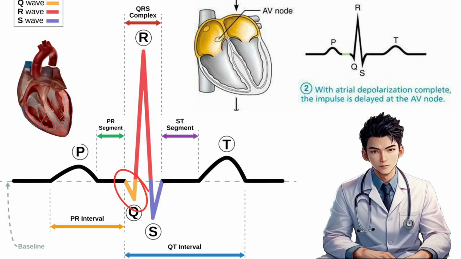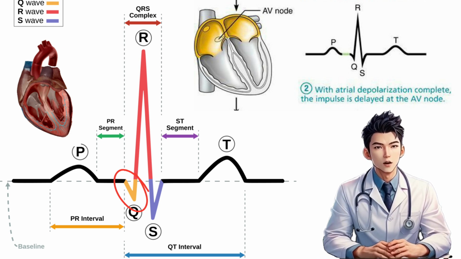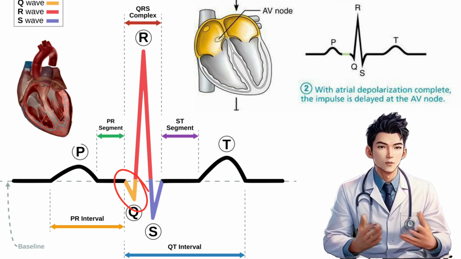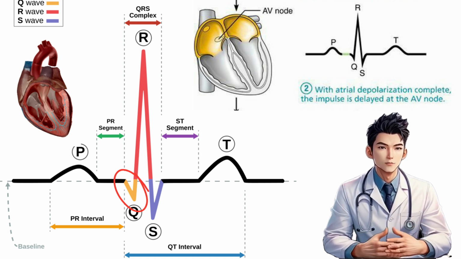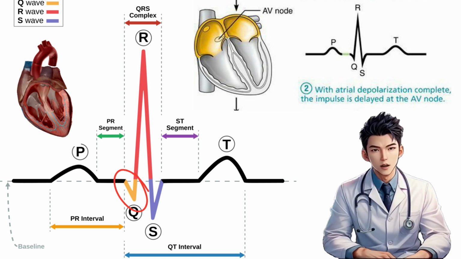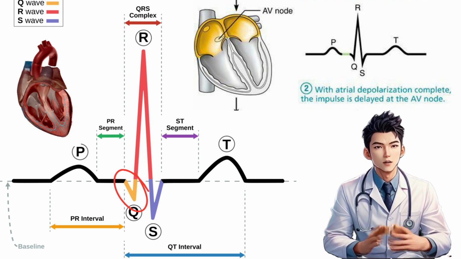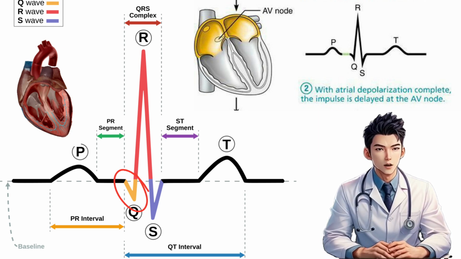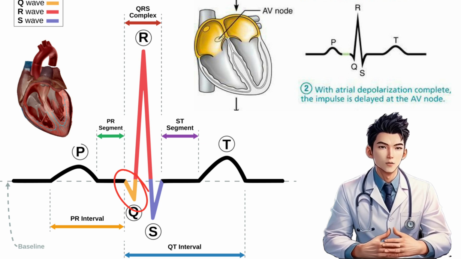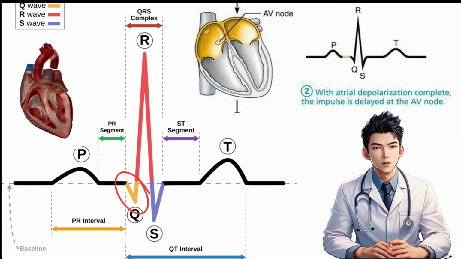When they send signals towards the right side, the current moves in this direction, which is captured as a small Q wave on ECG, a small negative deflection. Because the current is flowing in the opposite direction, not in the downward direction, we see a negative deflection.